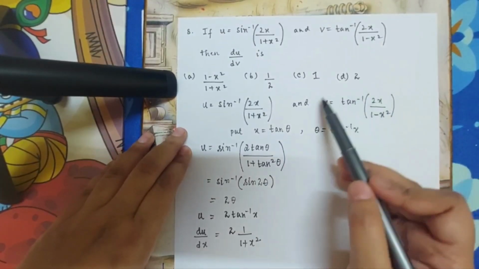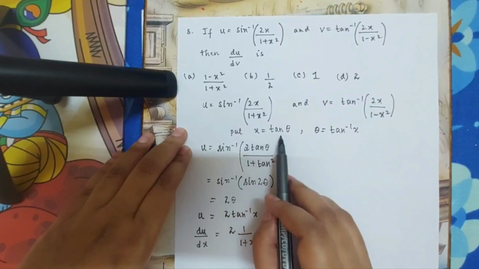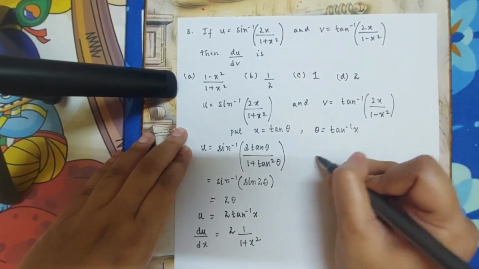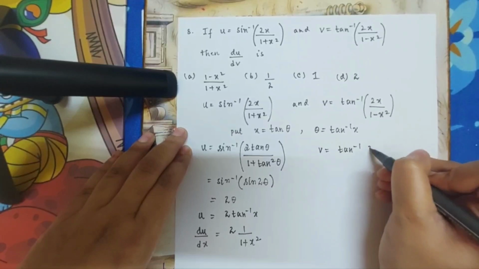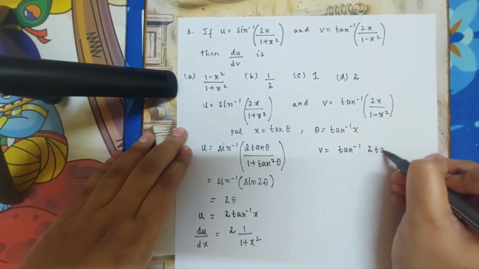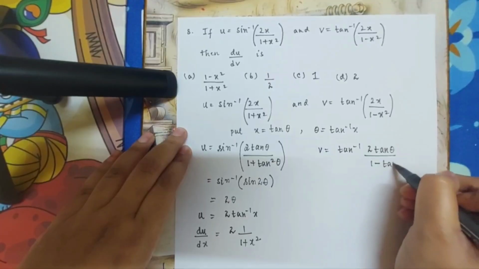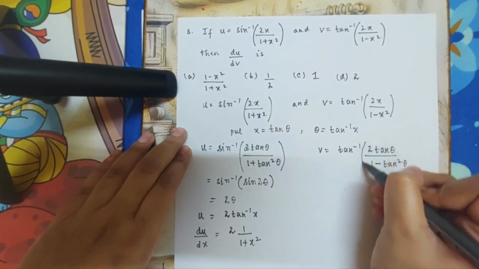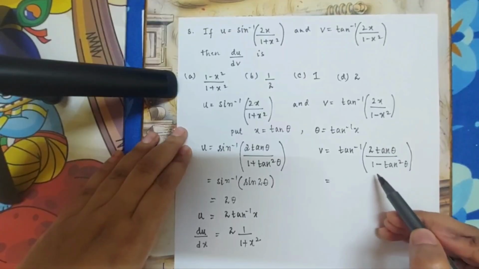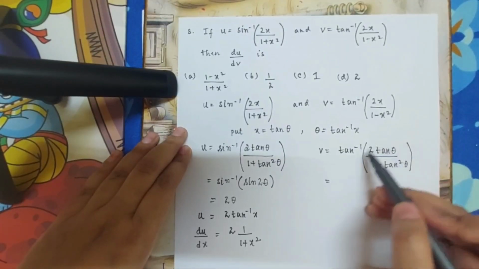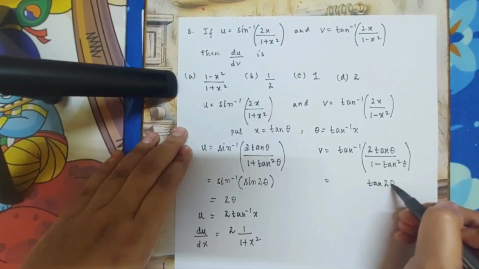And we'll be doing the same for v also. I'll be substituting the value of x as tan theta even here. So v is tan inverse of 2 tan theta divided by 1 minus tan square theta. See, even here 2 tan theta divided by 1 minus tan square theta can be replaced with tan 2 theta.